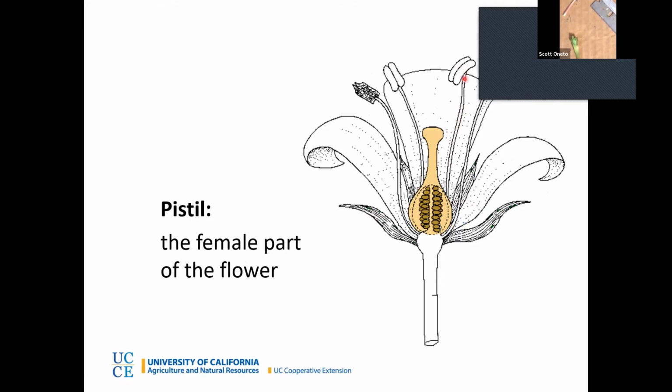But so pollen, in order for fertilization to happen, is going to have to land here on this little landing pad, the stigma, and then it's going to grow basically a tube. This pollen grain is going to grow a tube down the middle of the style, around the base of the ovary, down to the bottom here.